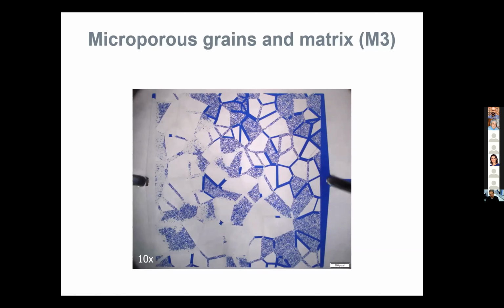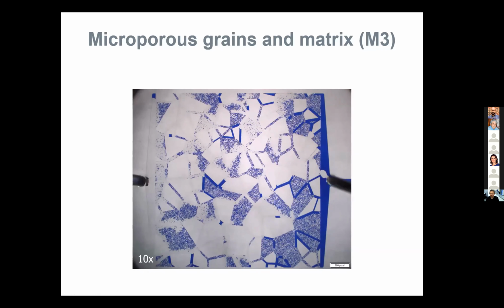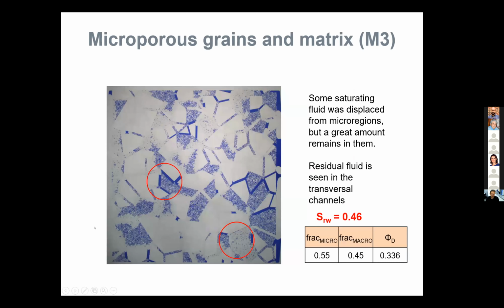So there is a more defined preferential fluid flow, but in this case, you can see a considerable part of the water in the microporous regions could be drained in the process.